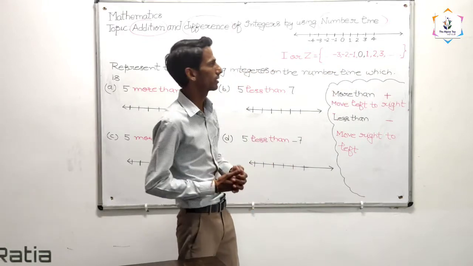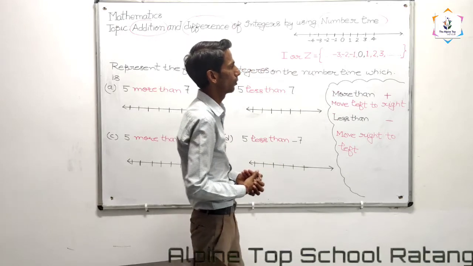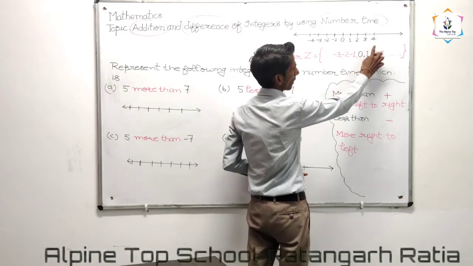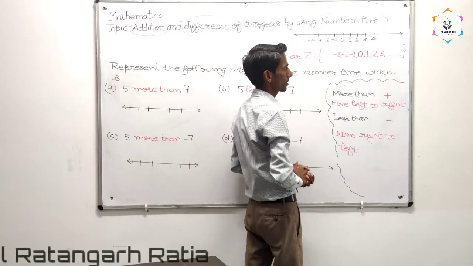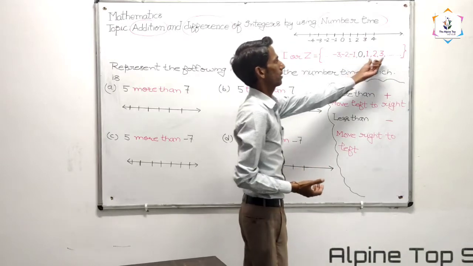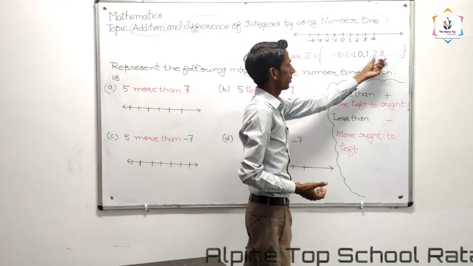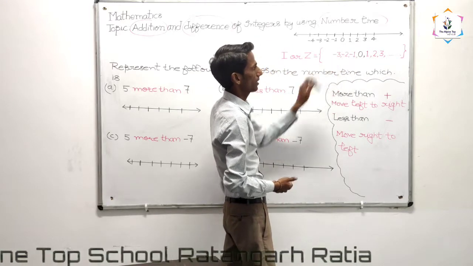Now there are three categories. I have already noted them on the board. Right side of 0, all are the positive numbers, 1, 2, 3 and goes on. These are the natural numbers. But left side of 0, we are observing -1, -2 and -3.